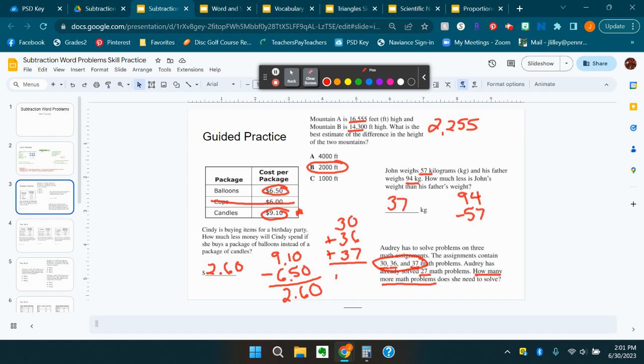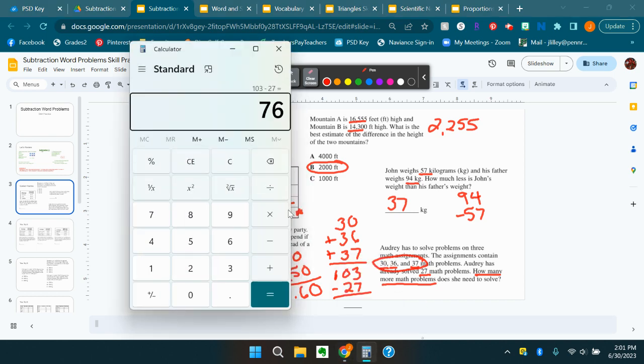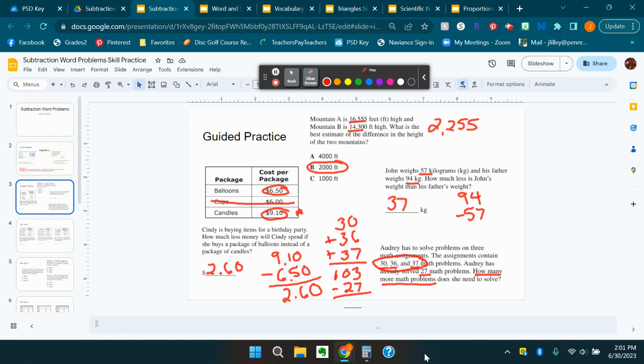When I do that, I see that she needs to solve 103 math problems for these assignments. But there are 27 that she's already done. So we're going to take away 27 from the total. And when we do that, we're going to see that she has 76 math problems still to solve.